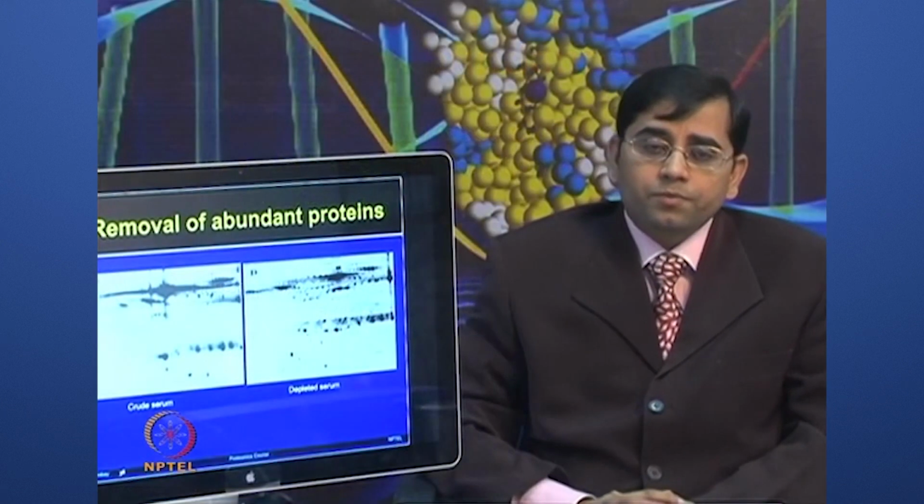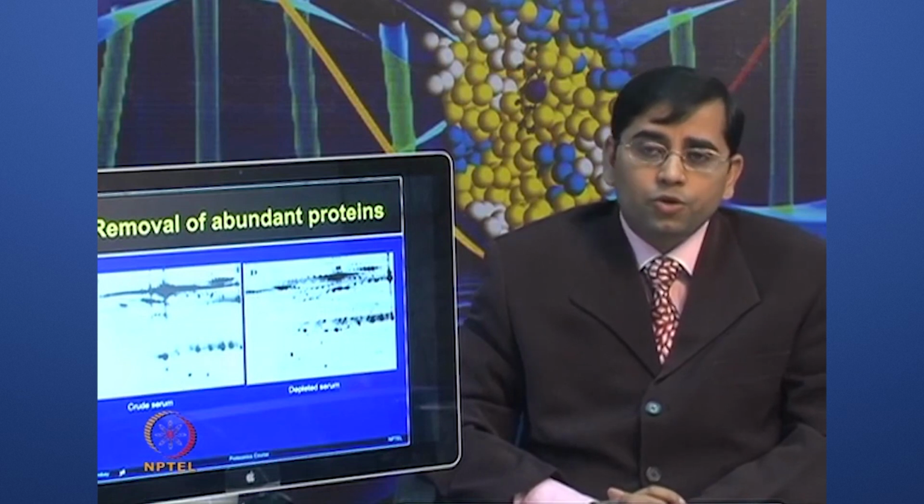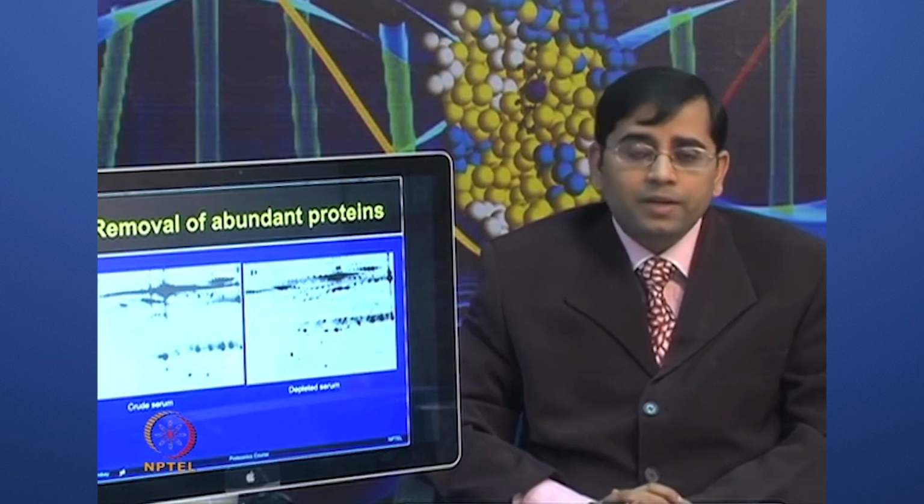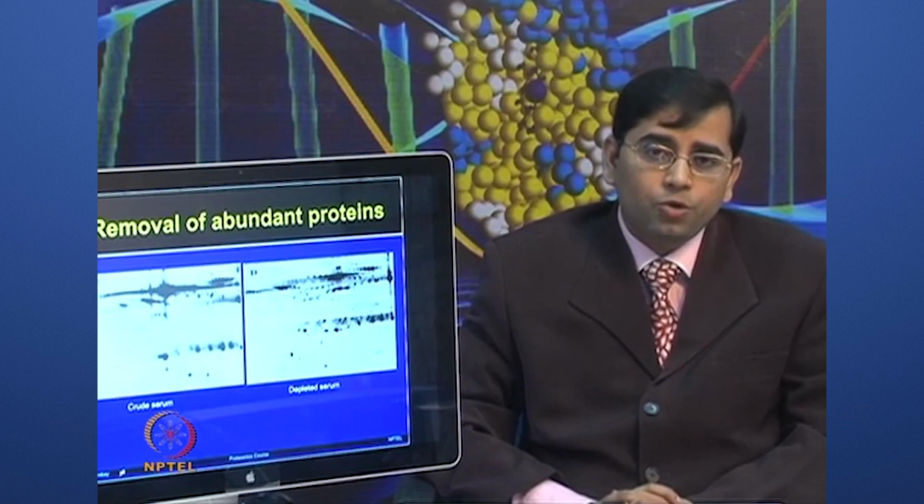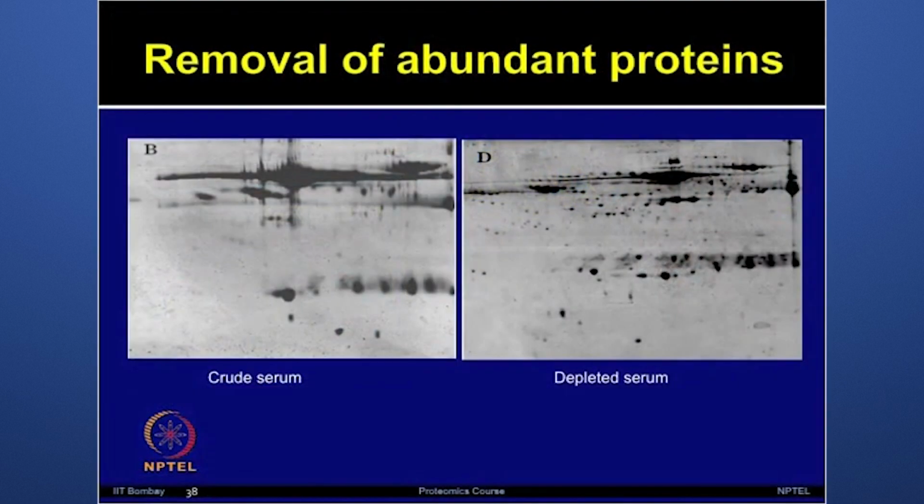Now, I am showing you an image of two-dimensional electrophoresis gel, which we will discuss in more detail in the next module of two-dimensional electrophoresis. In these gels, the left panel is shown for crude serum and the right one is shown for the depleted serum.